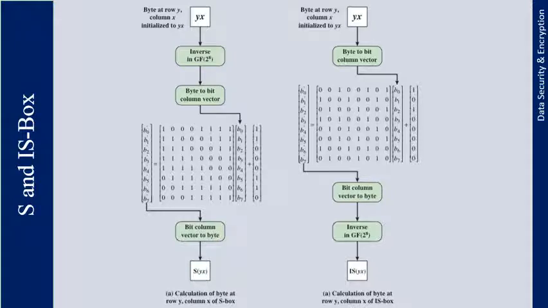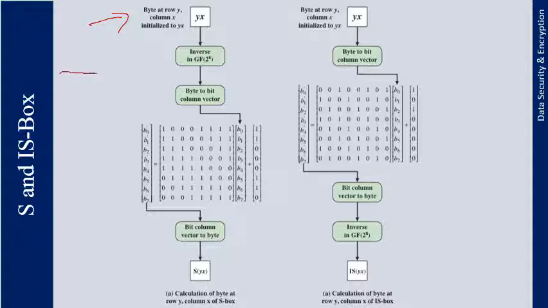This diagram shows the construction of a substitution box. As depicted earlier, a byte at row y and column x is referred to as yx. You can initialize the substitution box with the byte values in ascending sequence, row by row.